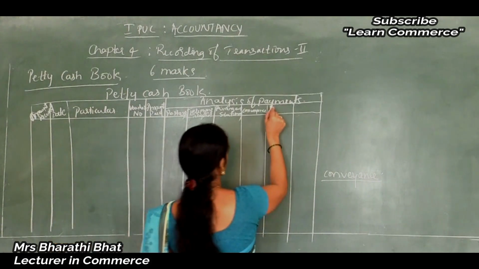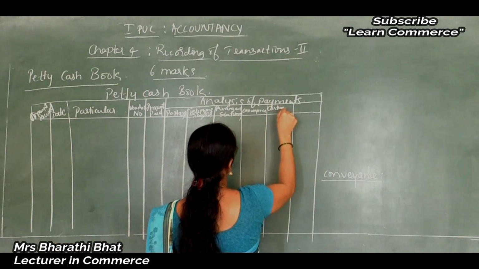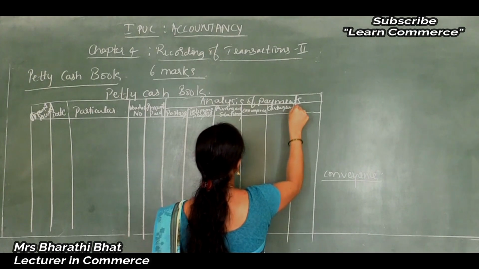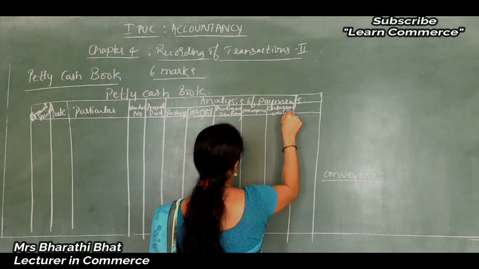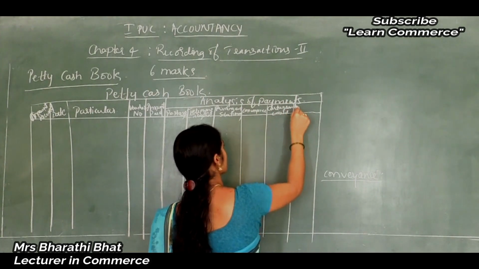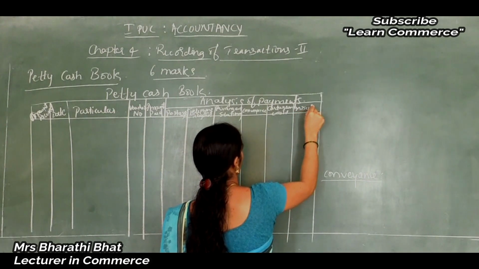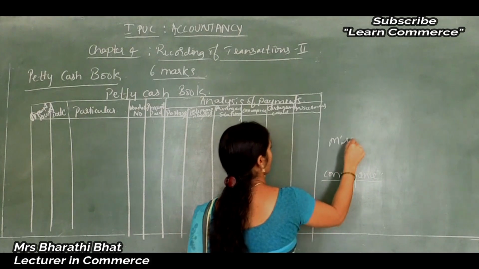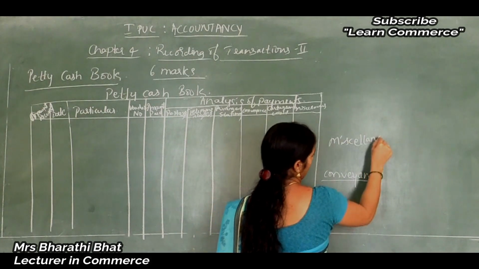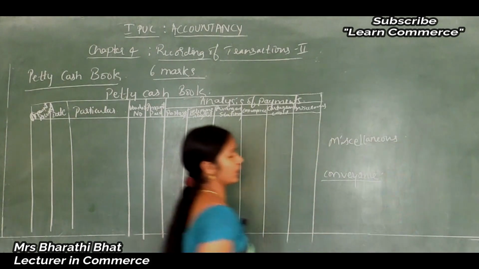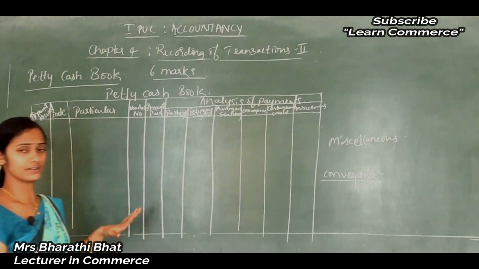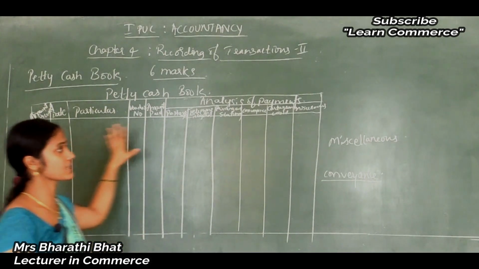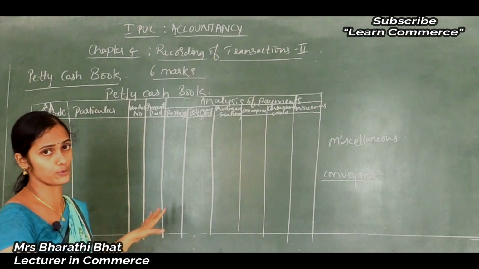And the next one is cartage and coolie, and last one for miscellaneous. Miscellaneous column. Clear? Okay.